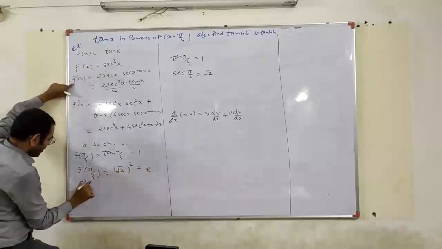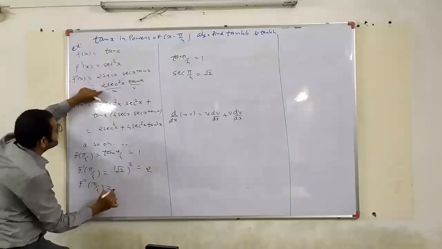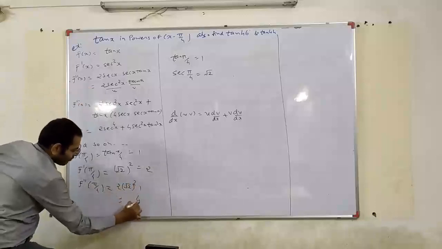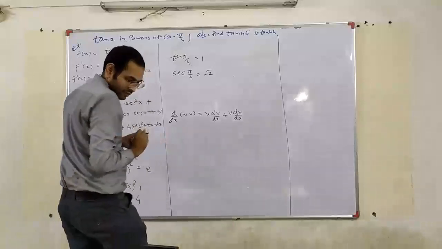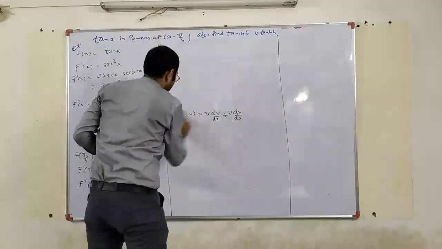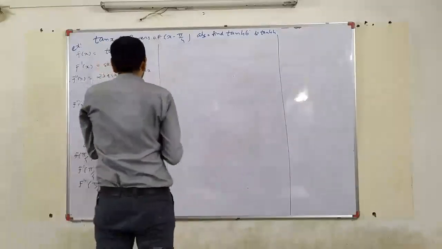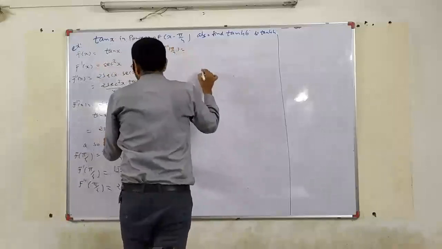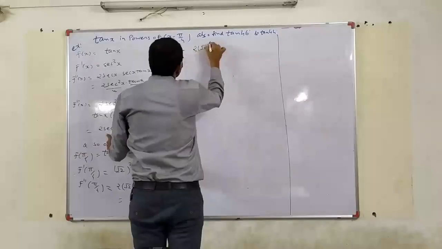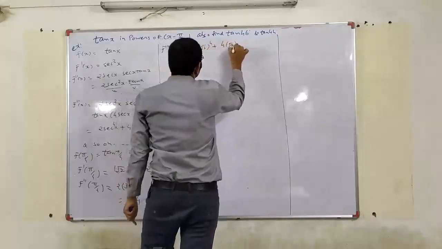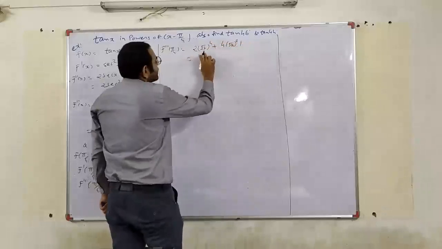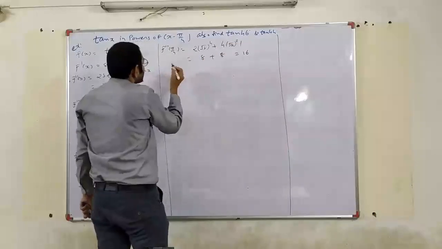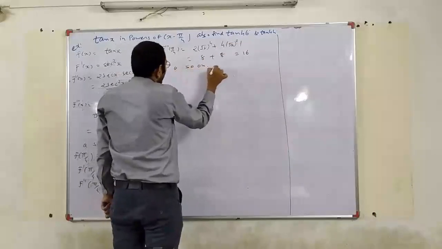F double dash of pi by 4 means twice root 2 whole square into 1, so we get 4. For the third derivative, we get twice root 2 raised to 4 plus 4 root 2 whole square into 1, then 4 2s are 8 plus 4 2s are 8, so we get 16, and so on.